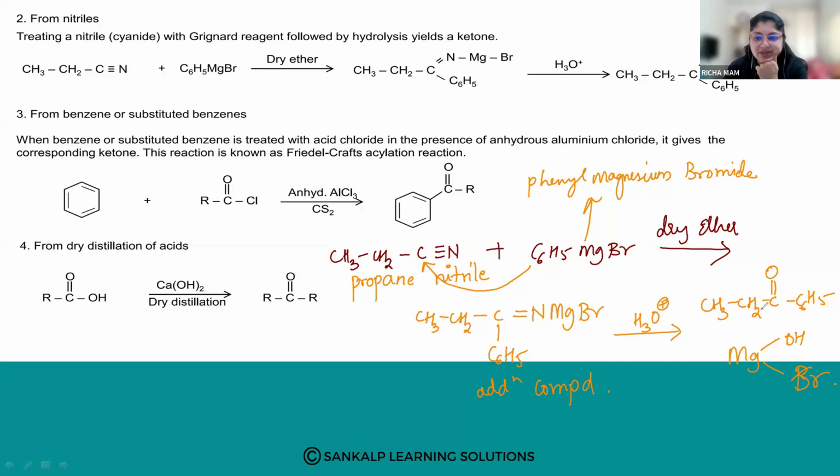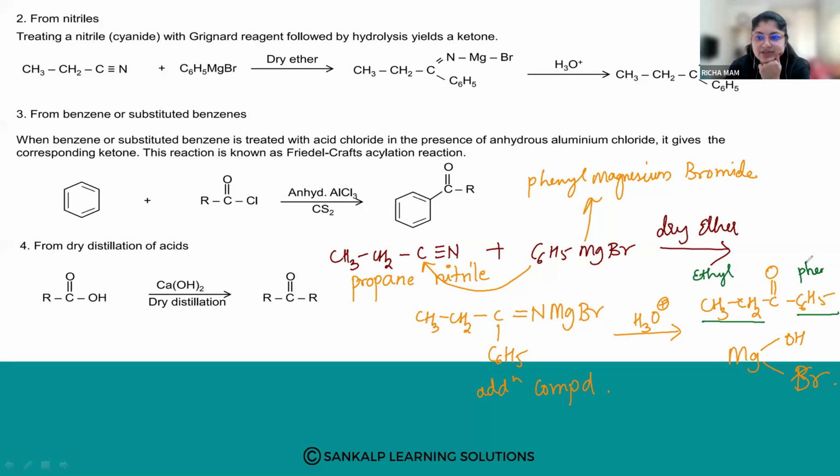So what is the name of this compound? Can anyone tell me? What is the product obtained? Try. So you have two groups. One is the ethyl group, another is the phenyl group.